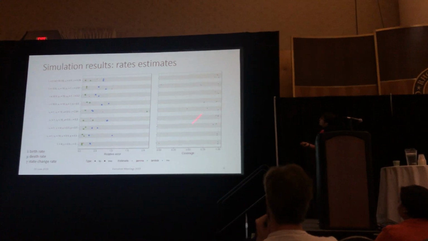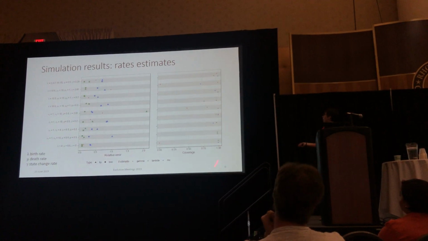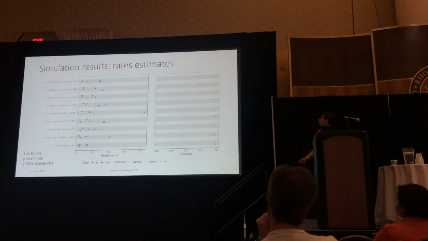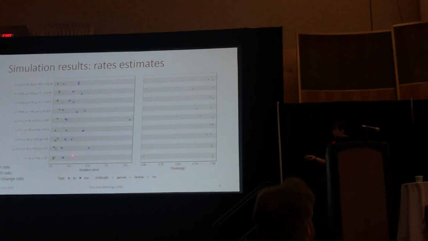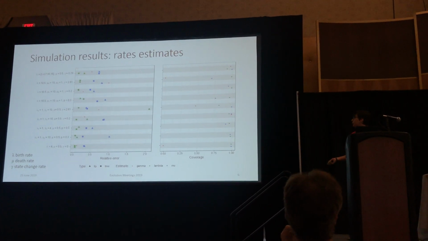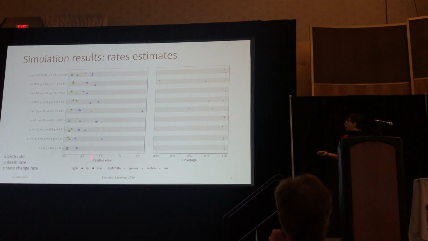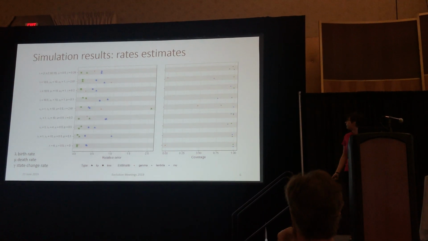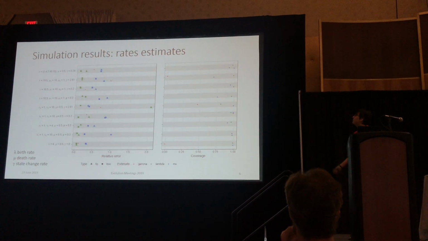These are results with the rate estimates, with relative error on the left side and coverage on the right side. We have in red gamma, the rate of state changes in the tree. We have in green lambda, the birth rate, and in blue mu, the death rate for each state. These are averaged across the whole tree, so they're not per state.